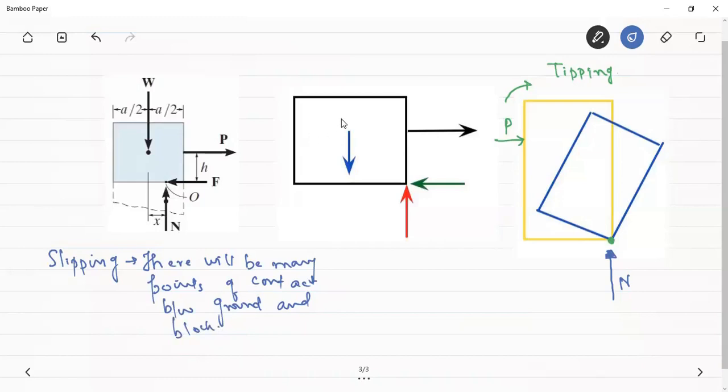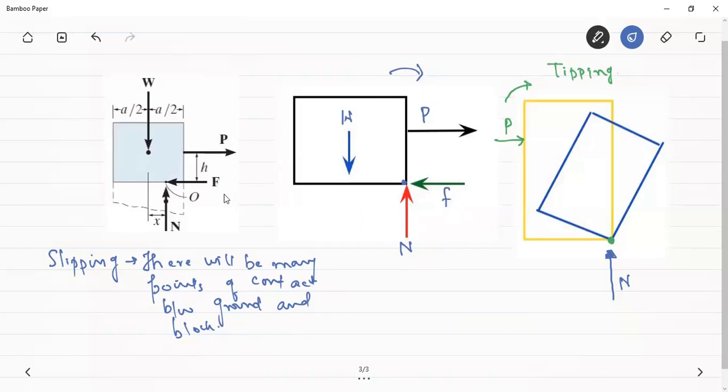In the case of tipping, if this is the weight and this is the applied force P, this normal reaction will now be shown at the tipping point. This is the tipping point because this force will cause the body to tip in this clockwise direction. Only one point will be left as the point of contact, and this will be the friction force.